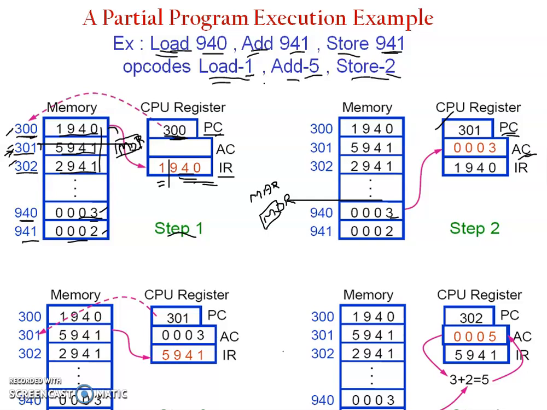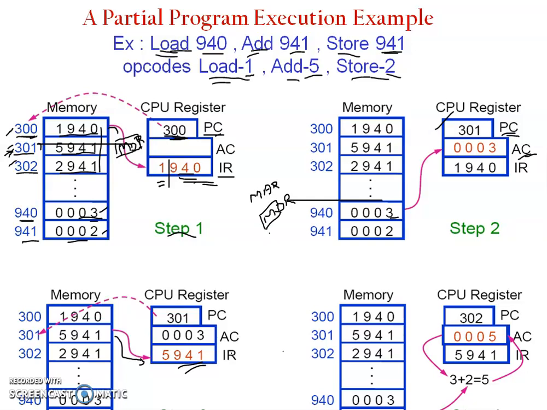From 301, the next instruction, that is 5941, is placed in the MDR. That happens in step 3 here. And from the MDR, the second instruction, 5941, is placed in the instruction register.